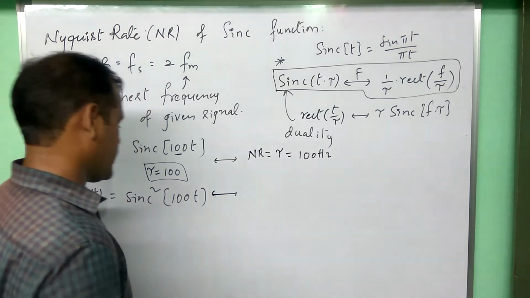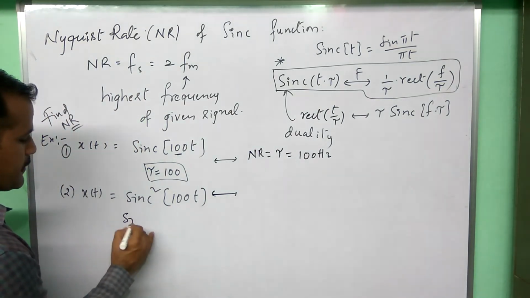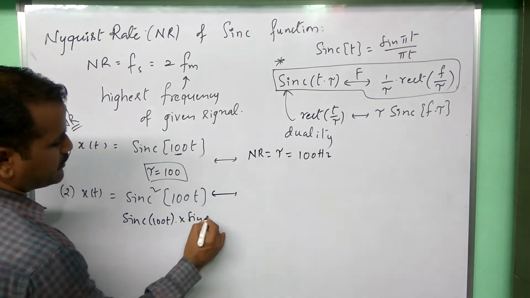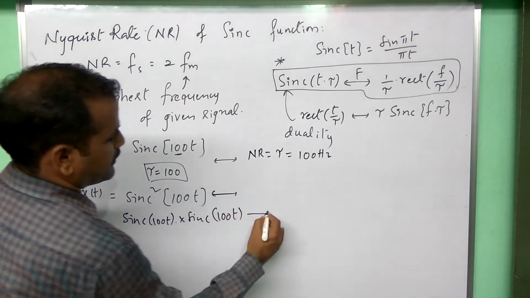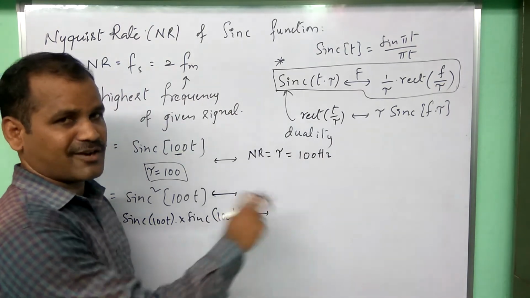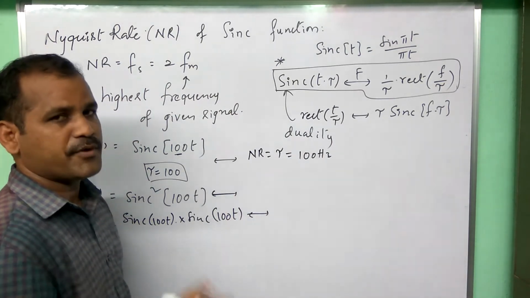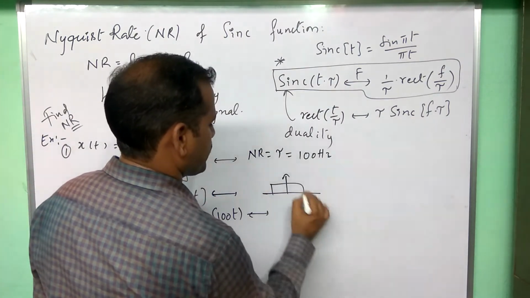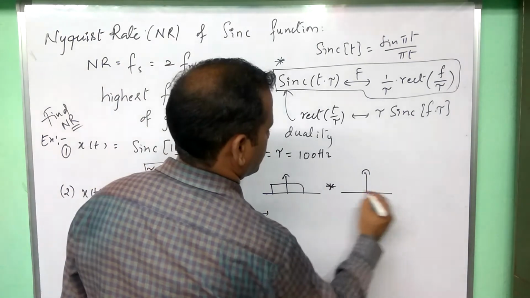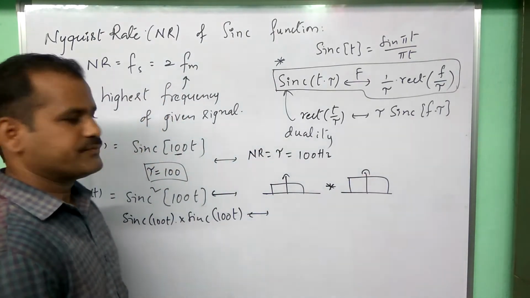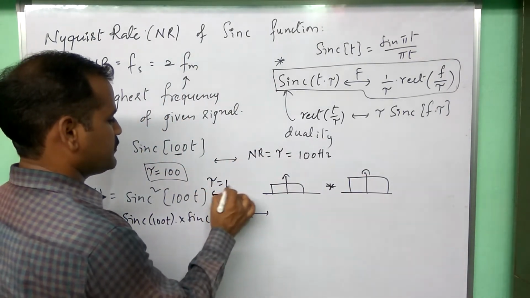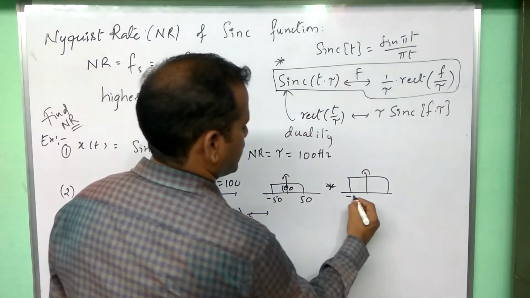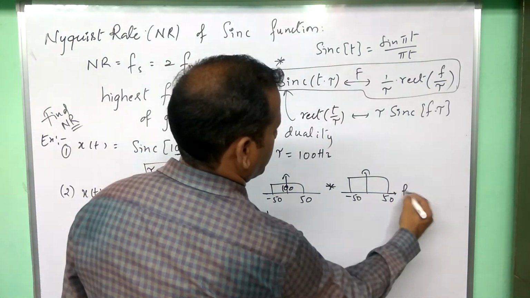Here the Fourier transform of sinc square means sinc of 100t multiplied by sinc of 100t. That means multiplication in the time domain is convolution in the frequency domain, according to the properties of the Fourier transform. That means here a rectangle signal is convolved with another rectangle signal, and tau in this case is 100. So here it spans minus 50 to plus 50, and here also minus 50 to plus 50.